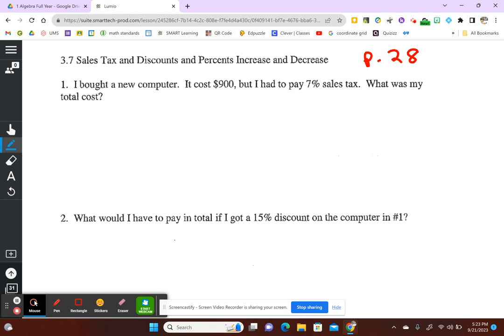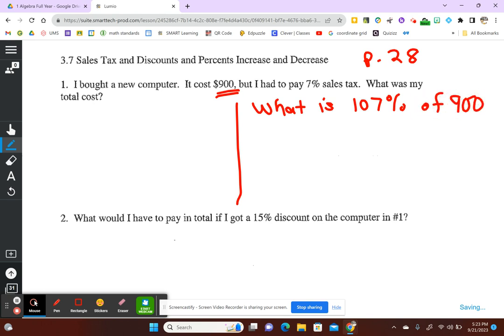Now, sales tax gets added on. So if a computer is marked $900, you're going to pay more than $900. How much more? 7% more. So 2 ways to approach this problem. One is to say, what is 107% of 900?